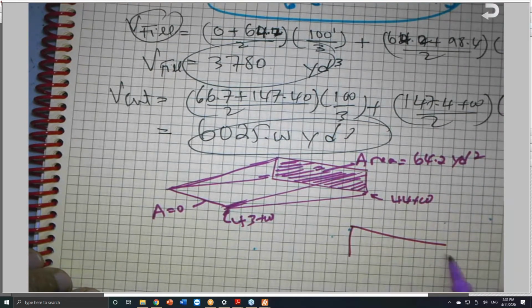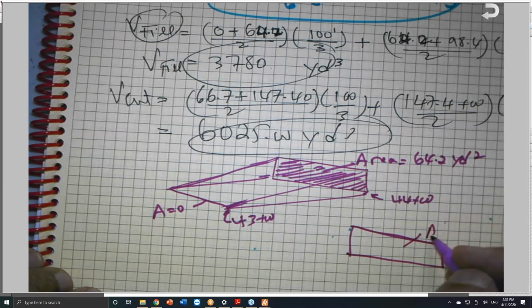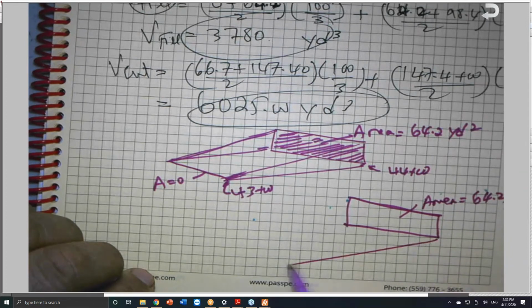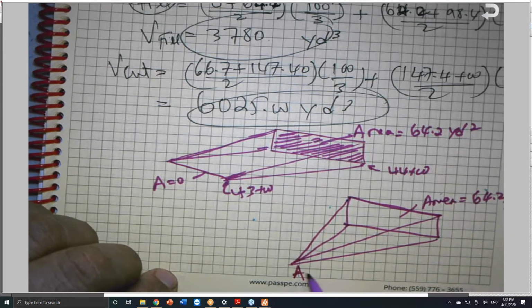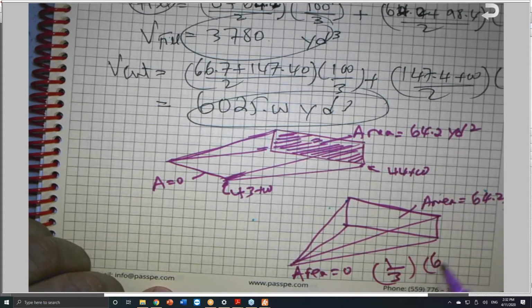Let me draw a similar scenario, a similar area here, where this area exists. It is 64.2 square yards, sorry. And if this area at the end here is a zero area but forming a true prism, so this area is equal 0, here I use the 1/3 rule: 1/3 of 64.2 times the distance, assuming these are still the same stations.